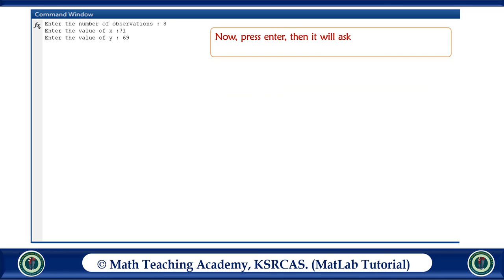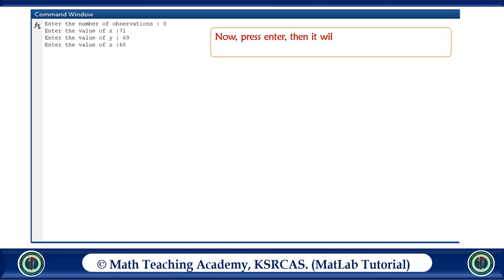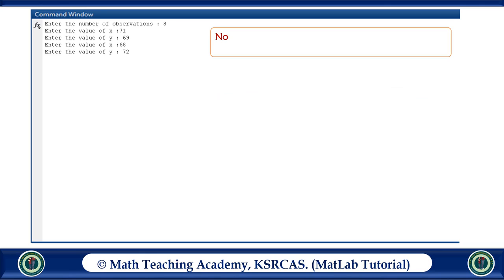Now press enter, then it will ask you to enter the value of x. Now 68 has been entered as the value. Then press enter, it will ask you to enter the value of y. Now 72 has been entered as the value of y.